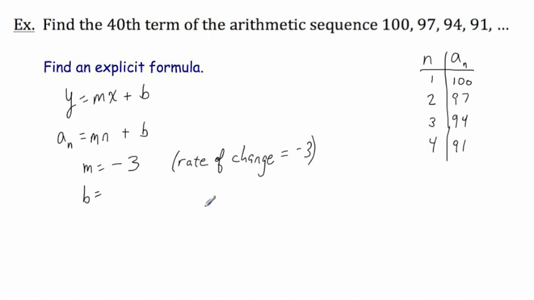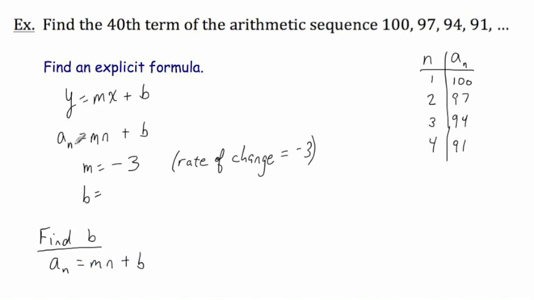Now b again loses its real-life value or real-life meaning in sequences because sequences begin with a first term and the initial condition relies on finding the output value when the input value is 0. So to find b, we're going to have to use our algebraic method. We're not using y and x's here, we're using a sub n equals m times n plus b.